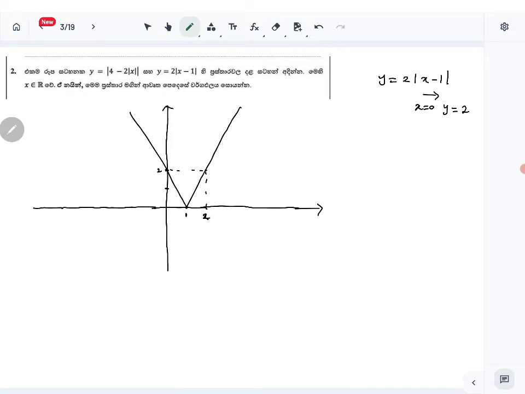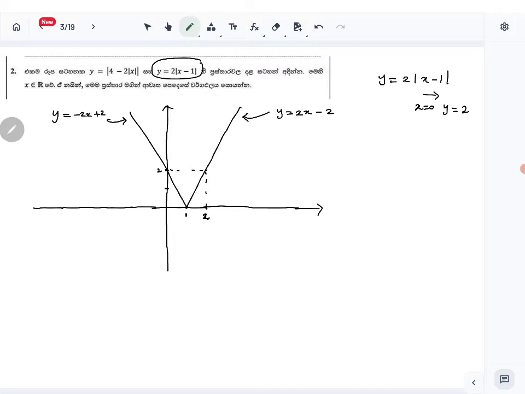That is the graph of that. So we'll label these lines also. This is the positive gradient line, so y equals 2x minus 2. This is the negative gradient line, which is y equals minus 2x plus 2.